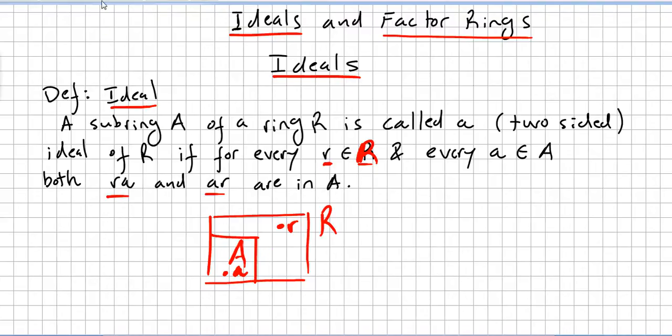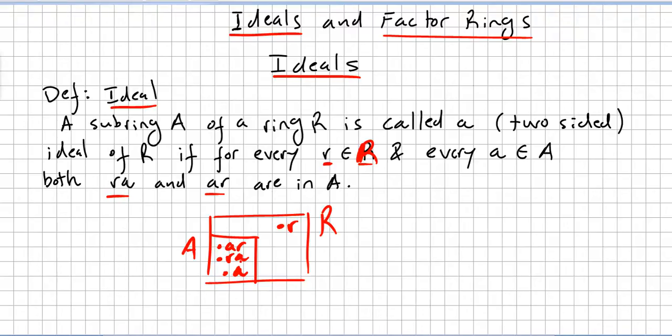So this is the subring A, and A times R will be here, and R times A will be here. So it absorbs the products.